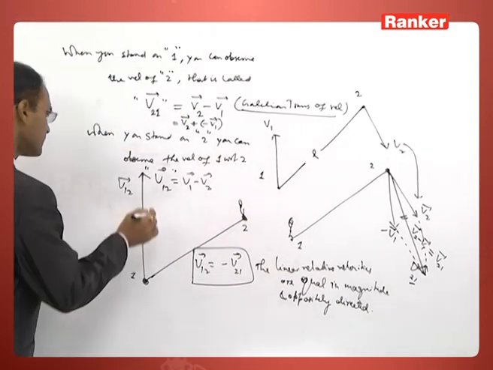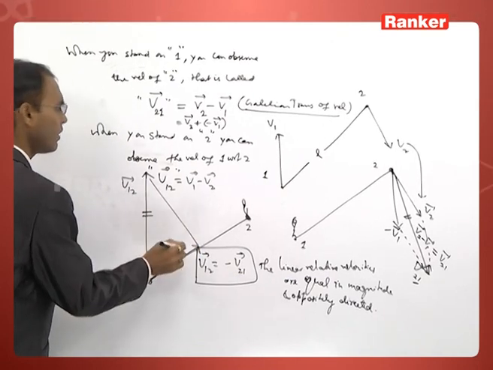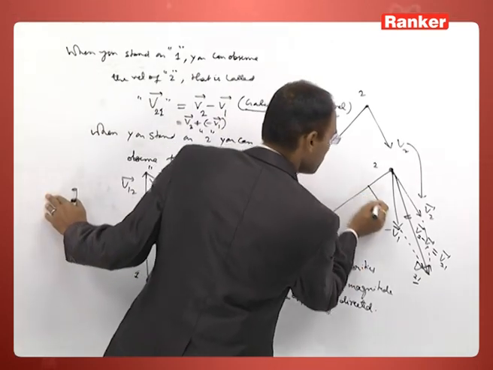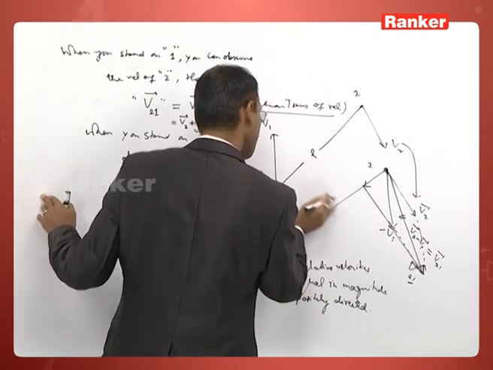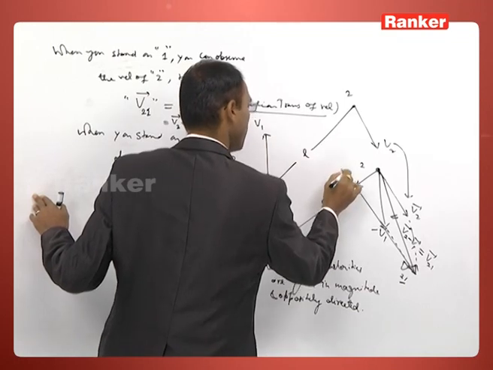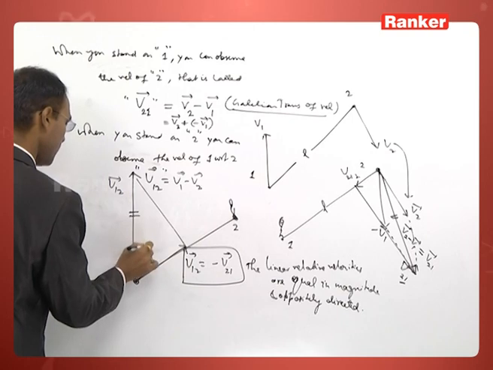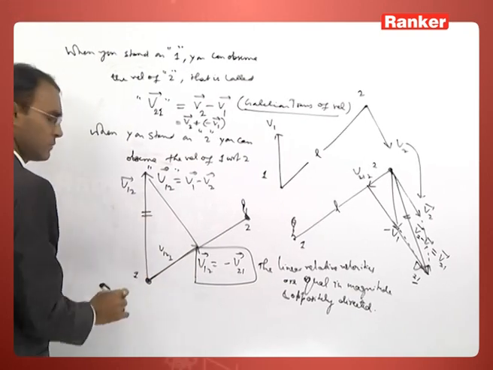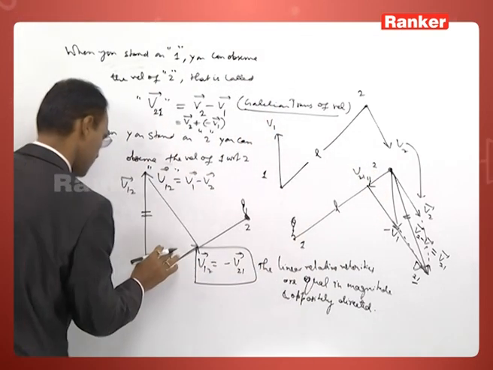If you take the component of the relative velocity v12 or the component of the relative velocity v21 along the line of separation, you are getting v21 parallel or v12 parallel. It is not perpendicular, it is parallel.